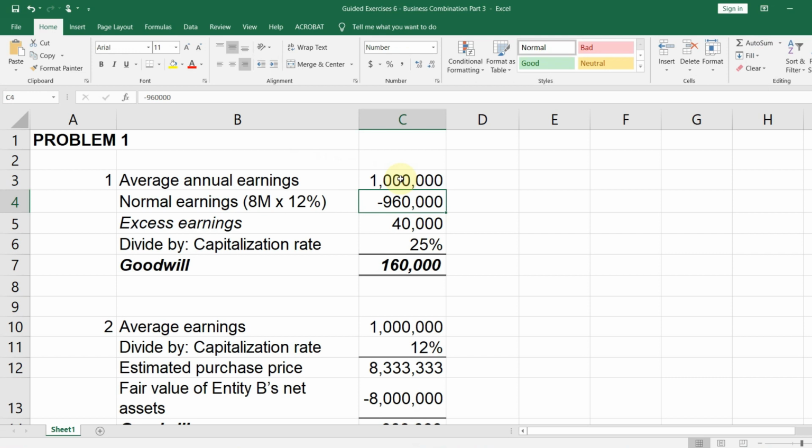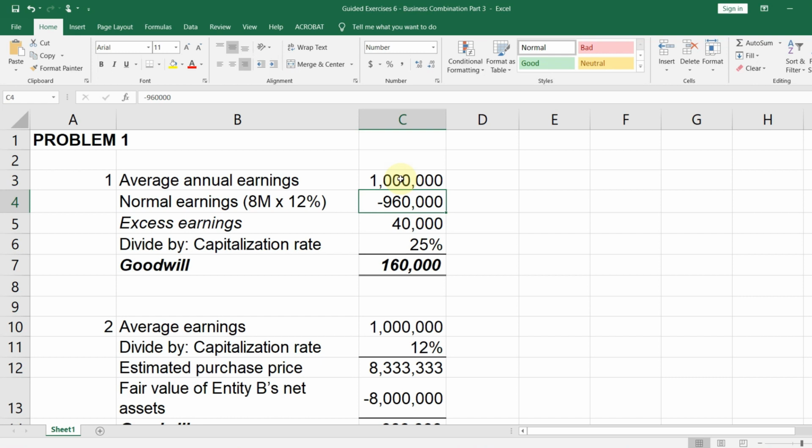So in this case, 8 million yung fair value. Multiply mo ng 12%, that's the industry average rate of return, and you'll get the normal earnings. Ibig sabihin, parang sa industry nyo, let's say for example, grocery industry, normal earnings is at 960,000.